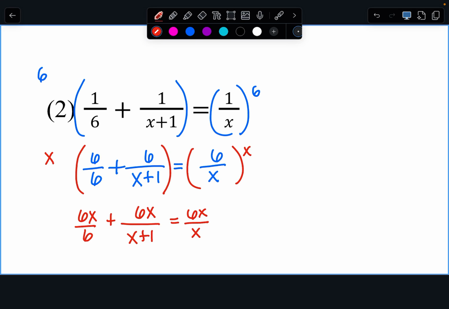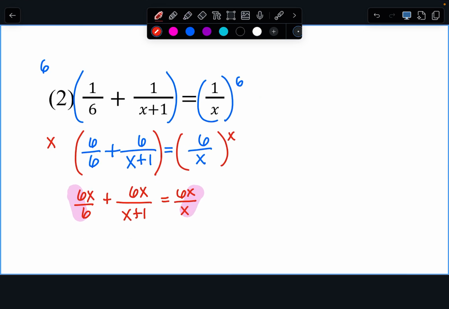And what you'll notice here is that these 6's cancel, those x's cancel. So let's do that in this step. So we've got just x plus 6x over x plus 1.